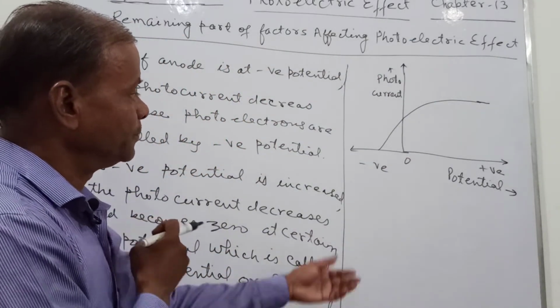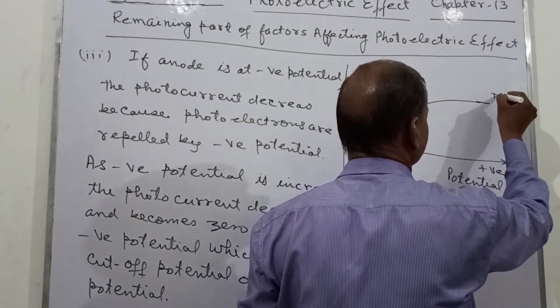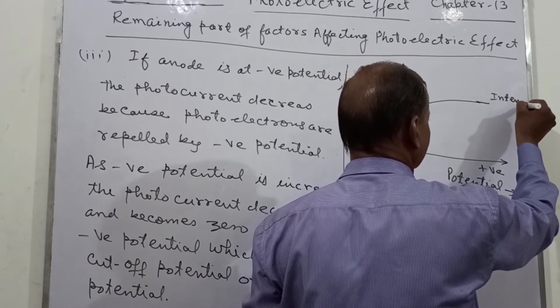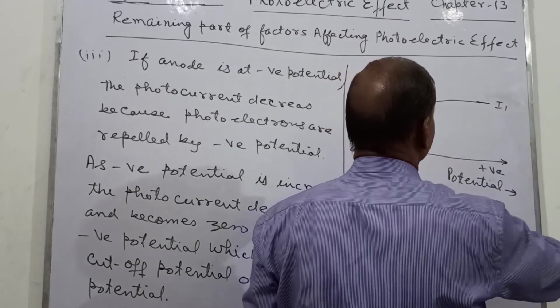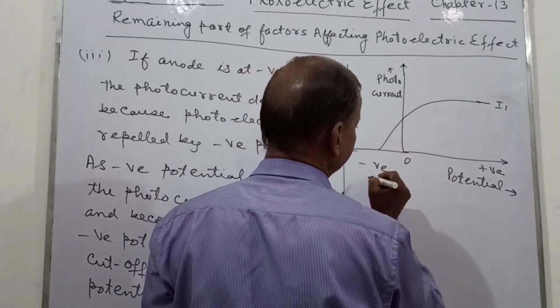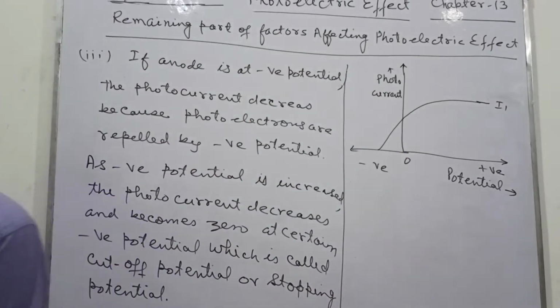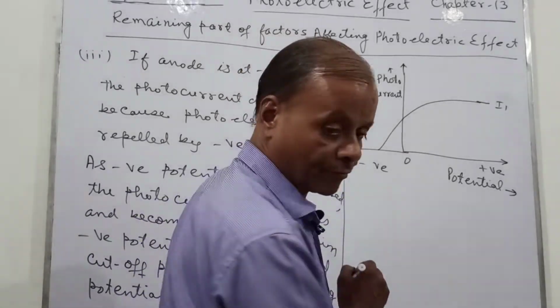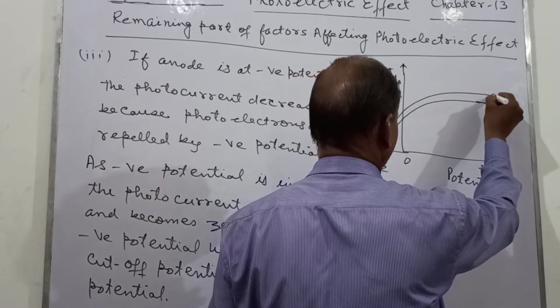Suppose this is the intensity I1. Suppose I take the next one, like this.